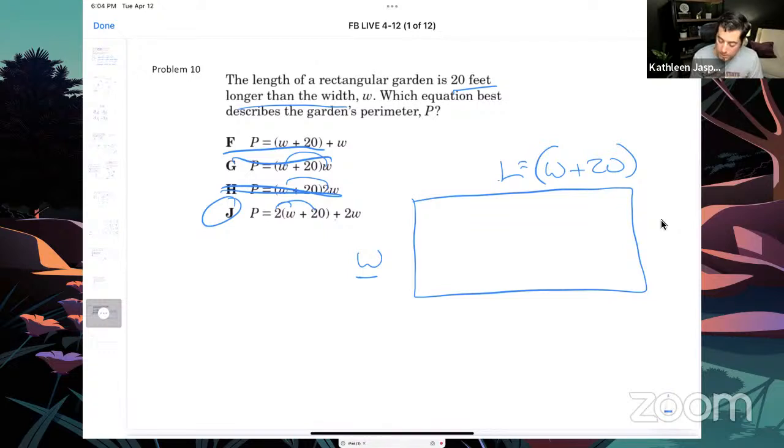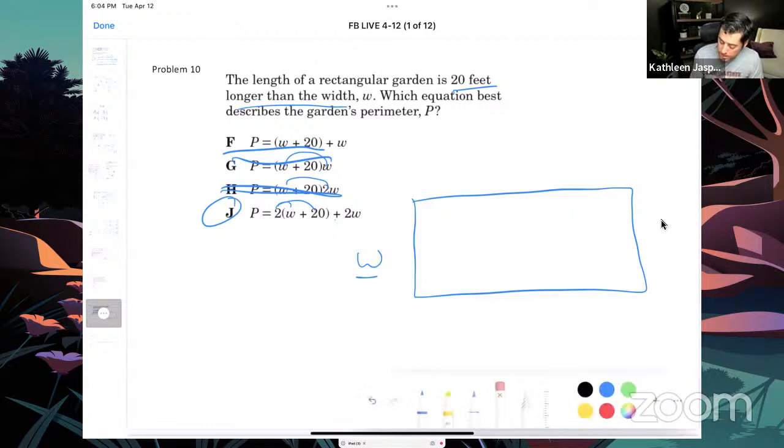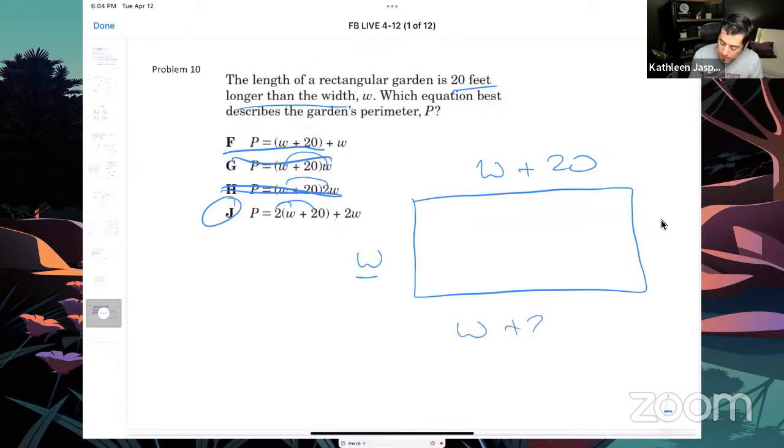Well, if length equals W plus 20, then let's do this. It's just W plus 20. So if it's the top W plus 20, the bottom is W plus 20. If the left is W, that means the right is W. Okay.